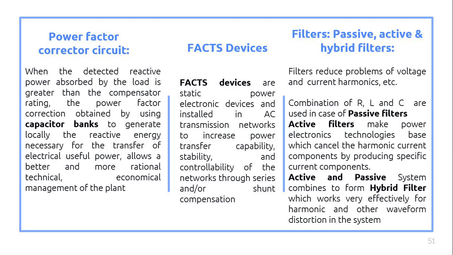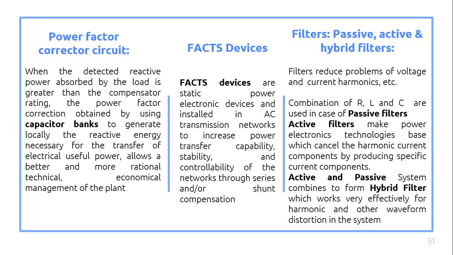Power factor corrector circuits: when the detected reactive power absorbed by the load is more than the compensator rating, power factor correction is obtained by using a capacitor bank to generate locally the reactive energy necessary for the transfer of useful electric power.